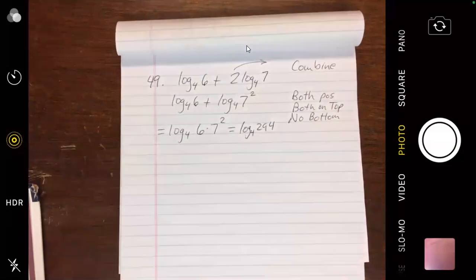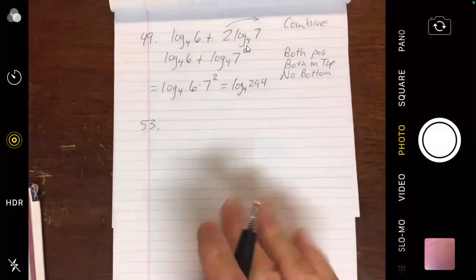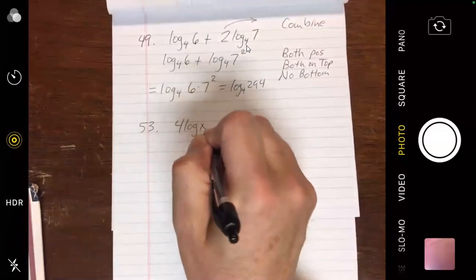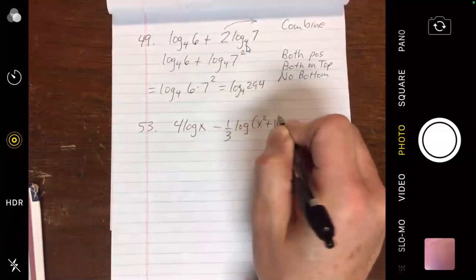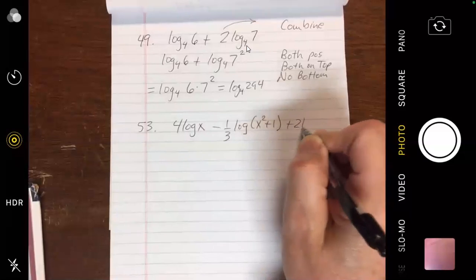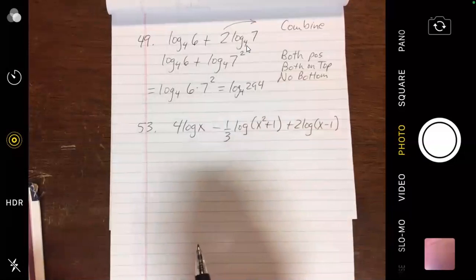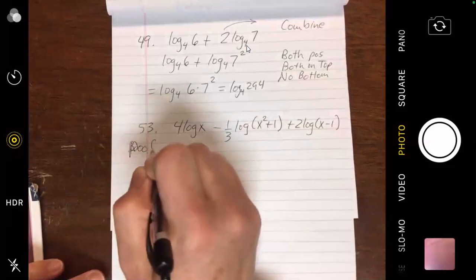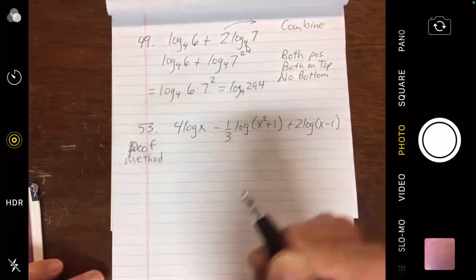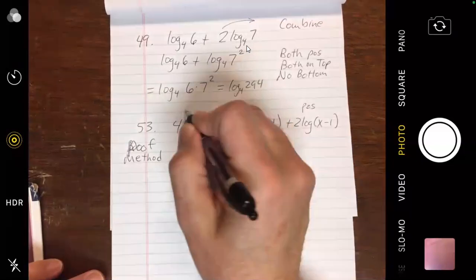How about one with letters, say like 53? 4 log x minus 1/3 log x squared plus 1, plus 2 times log of x minus 1. Well, if you want the quick method, notice this is positive, so it's on top.